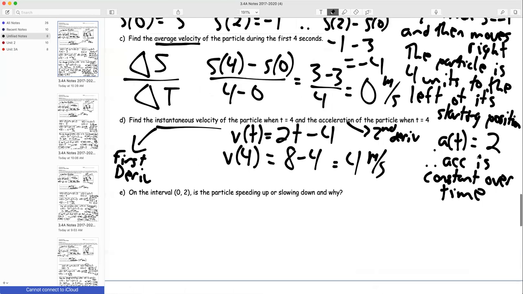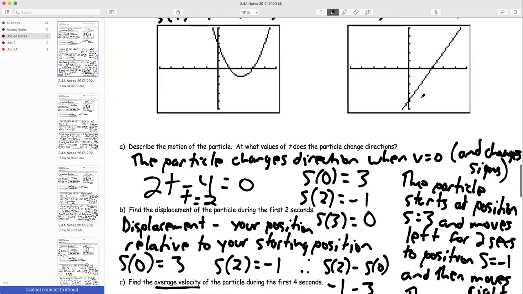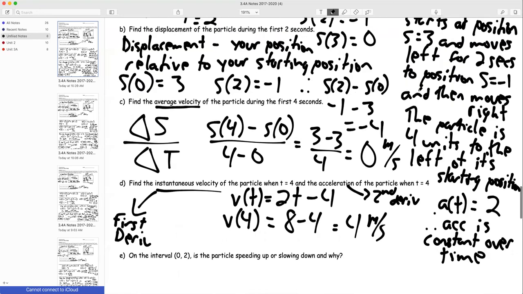So let's look at the velocity graph. From 0 to 2, the function is below the x-axis on the velocity graph. Therefore, the velocity is negative. However, the slope is positive. So my acceleration is positive, they have opposite signs. Therefore, it is slowing down.